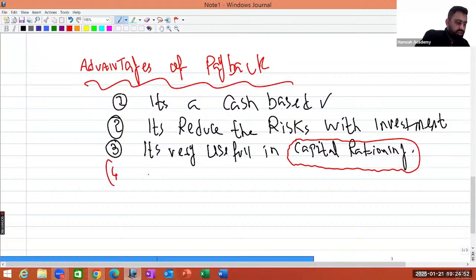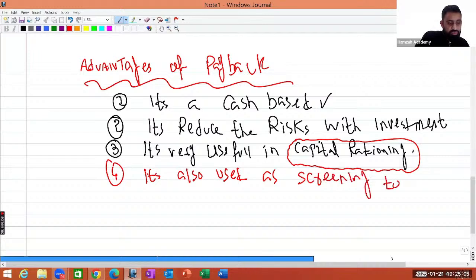And number 4, it's also used as a screening tool in investment appraisal. Now, how do we use it as a screening tool? Many managements use the payback period for screening purpose, to decide which project should be done and which project should not be done.